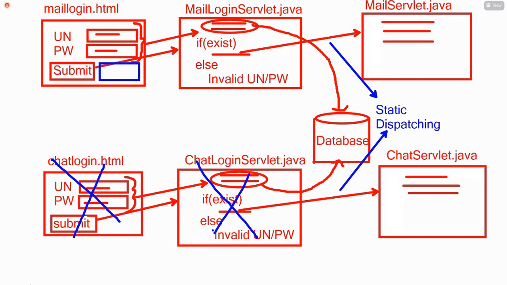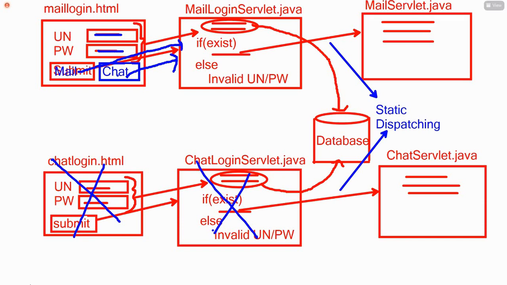This submit button's name is mail. This submit button's name is chart. If you click on this submit button, this servlet is executed. If you click on this submit button also, this servlet is executed. Which submit button was clicked? We can find out like a get parameter for username and password, using a get parameter for the submit button value.